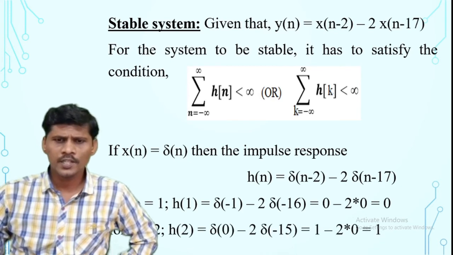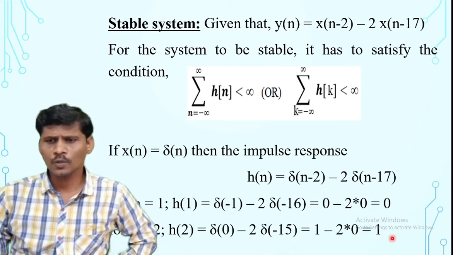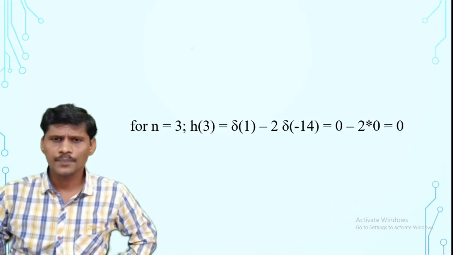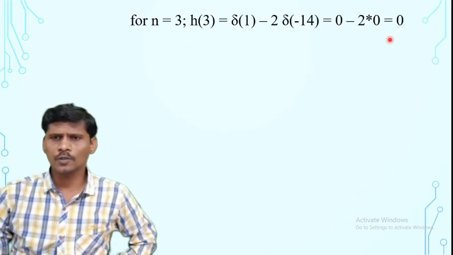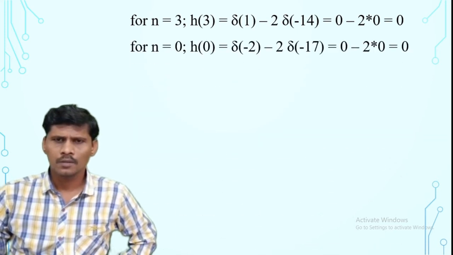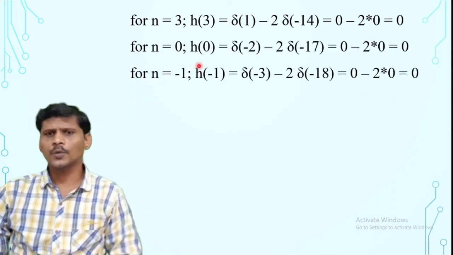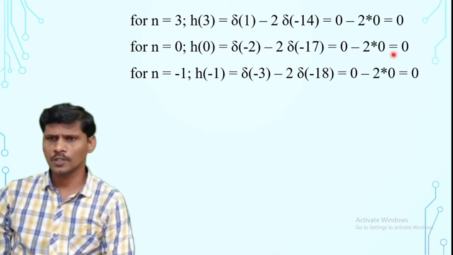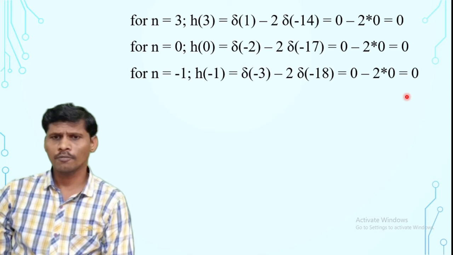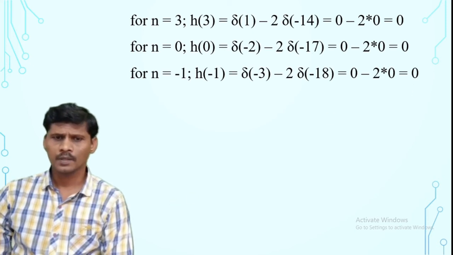Next substitute n is equal to 2, then h of 2 is equal to 1. Next substitute n is equal to 3, then h of 3 is equal to 0. Next substitute n is equal to 0, then h of 0 is equal to 0. Next n is equal to minus 1, h of minus 1 is 0.